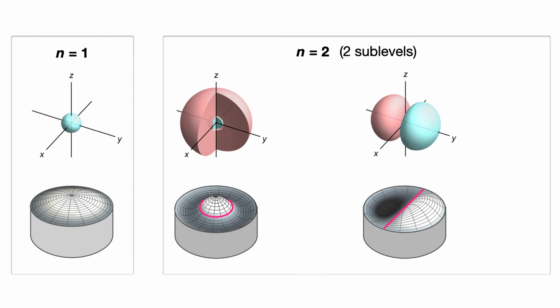You'd have a region on one side of the nucleus where there's wave intensity. There's a region on the other side of the nucleus where there's wave intensity, but there's a plane in between them where the wave doesn't exist.